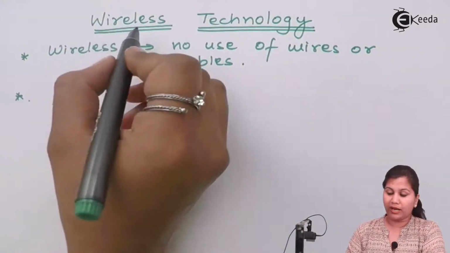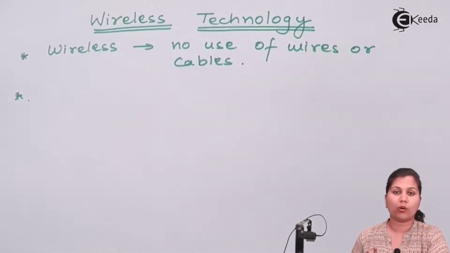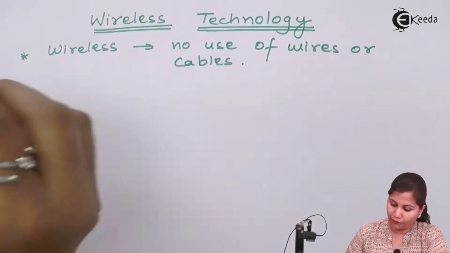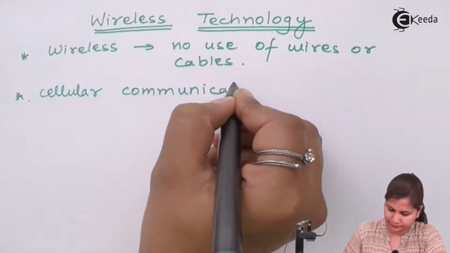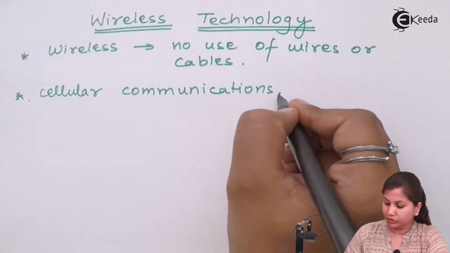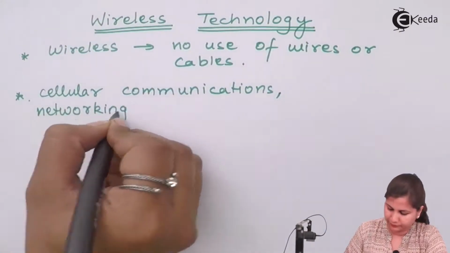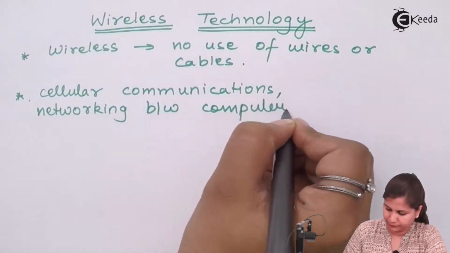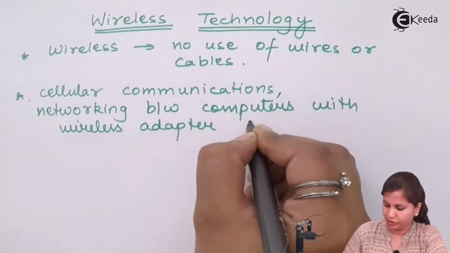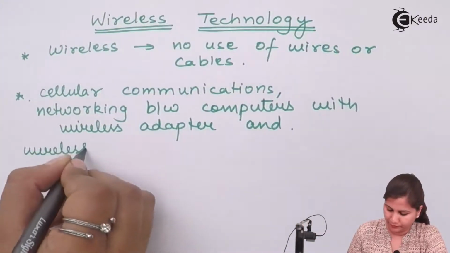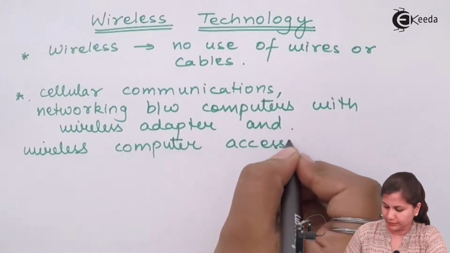Now, when we are saying wireless technology, or wireless communication, then it includes all the types of cellular communications, also the networking between the computers, and computer accessories.